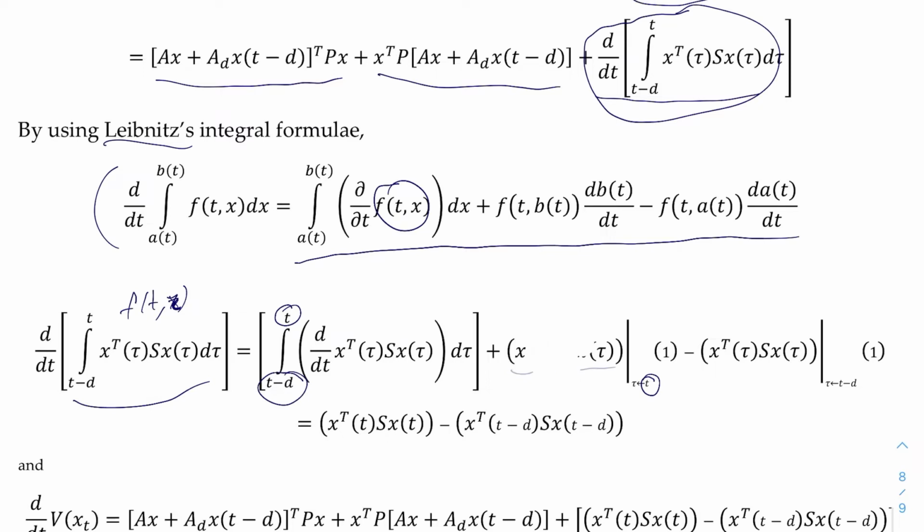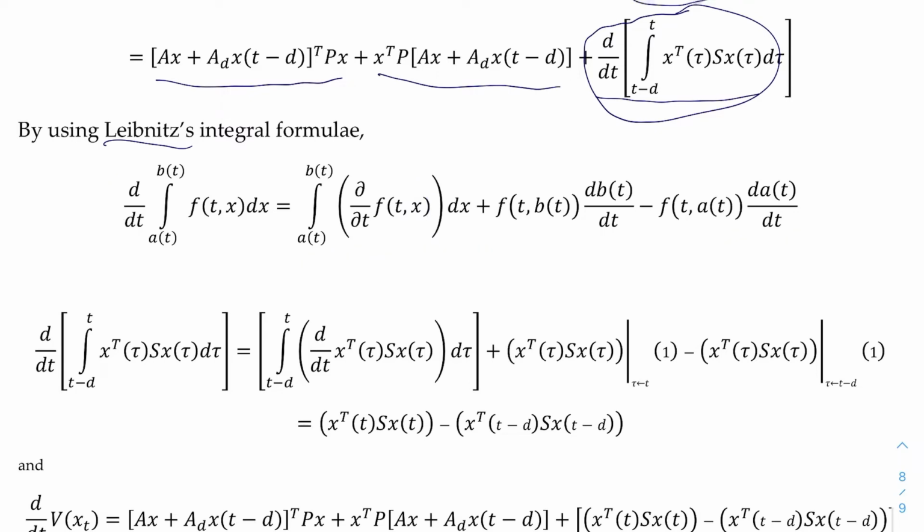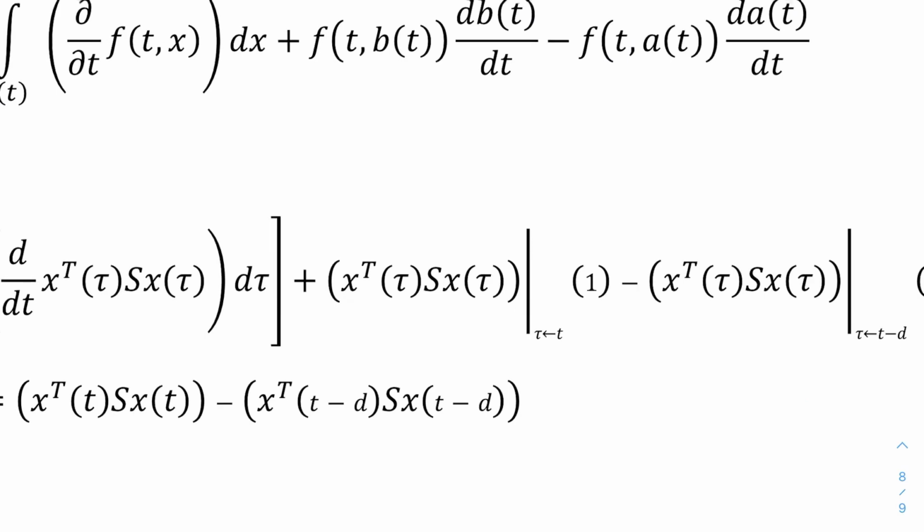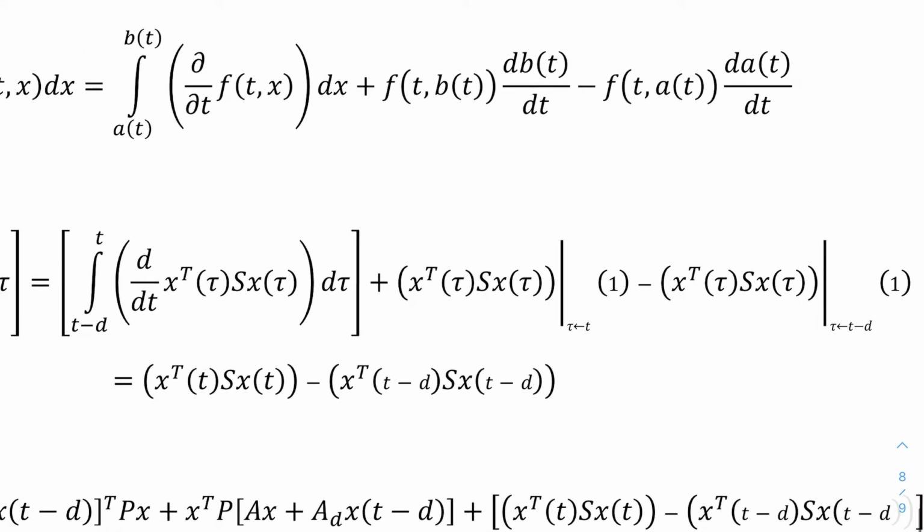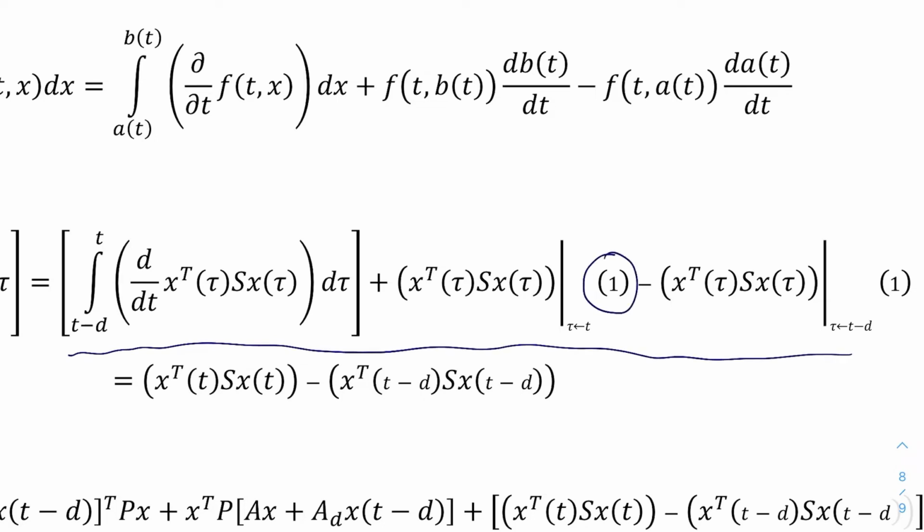Let me zoom over there. Wait a sec. Here, this is one equation, and this one comes from the fact that this is a of t and this is b of t. What is the derivative of a of t with respect to time?